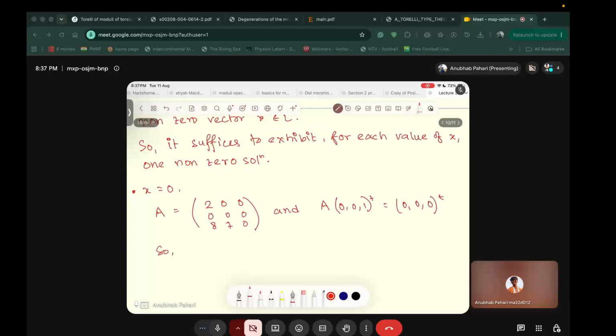So L has (0, 0, t), that T belongs to R. Maybe I should write it as capital T.